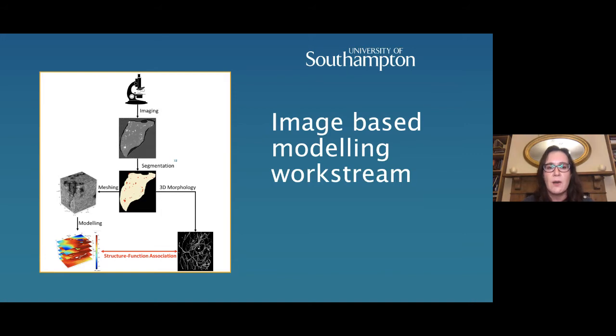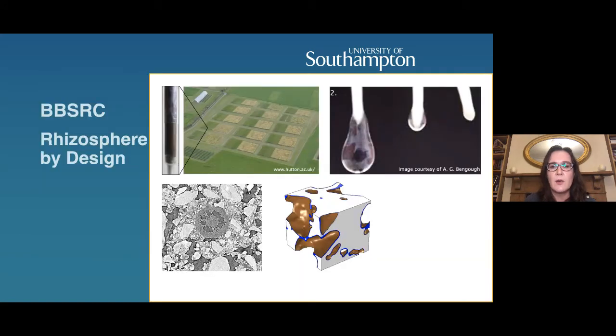images that we acquire. So I will give, after this brief introduction, now a little overview of various different projects we've done. And the first one I start with is the project that was funded by BBSRC, where we looked at how barley roots, when they are hairy or hairless, grow in soil.